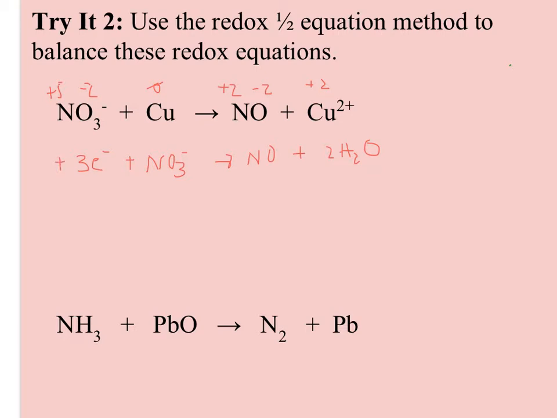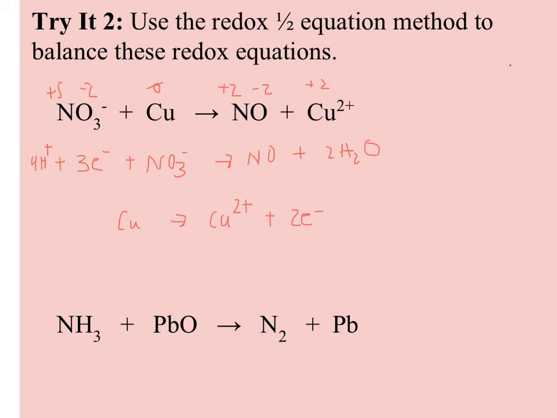And then that means I also need 4H plus on this side to balance the hydrogens. So then for the copper, I have Cu becoming Cu ion. So that just needs the 2 electrons, and that half reaction is balanced.